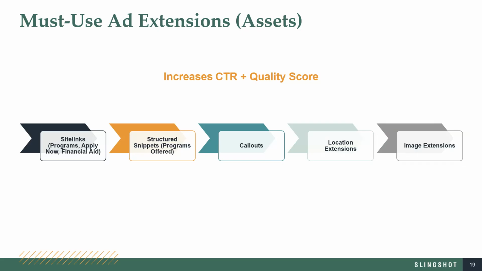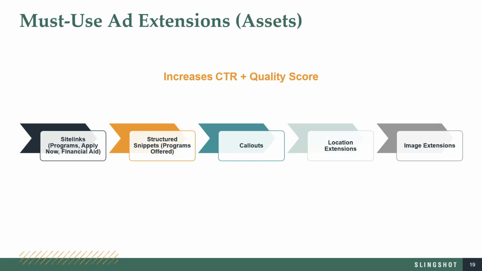Those are really beneficial to have, especially if it really does prove that you are local as well. And that takes up a huge amount of space in a search result too. So those are really good to have.